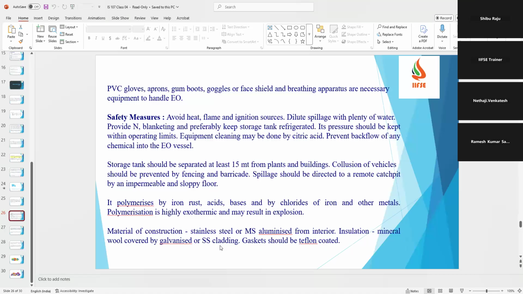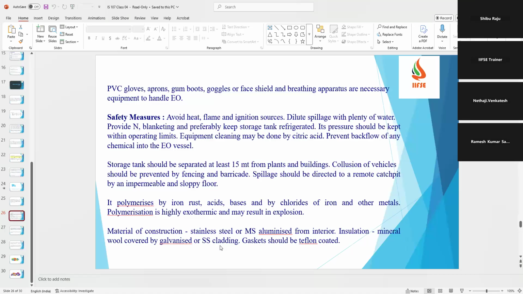And again, the storage tank should be separated at least 15 meters from the plant and buildings. Like chlorine, it should also be in an isolated location. In the same way, for ethyl oxide also, it is always advisable to have an isolated place away from the plant. Collision of vehicles should be prevented by fencing and barricades. Spillage should be directed to a remote catch pit by an impermeable and sloping floor.